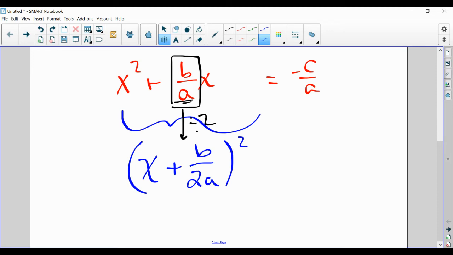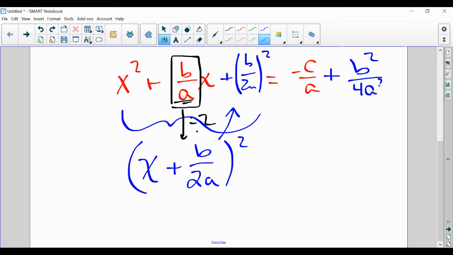Which means in order to complete the square, we have to add back b over 2a squared, which I'll just write here. And when I write it on the other side, I'll figure out what that is. That's b squared over 2a squared. It's 2a times 2a, which is 4a squared.